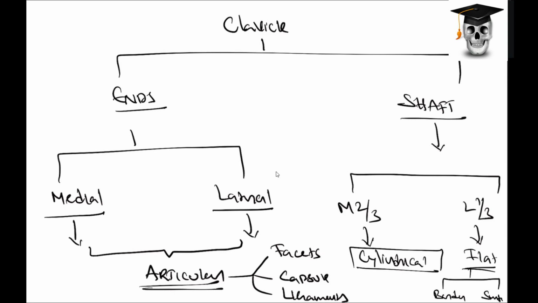So here the borders are absent, but it is rich with surfaces. These surfaces and borders will give attachment to muscles or some ligaments. We'll be talking about this in detail. This is all okay so far, right?